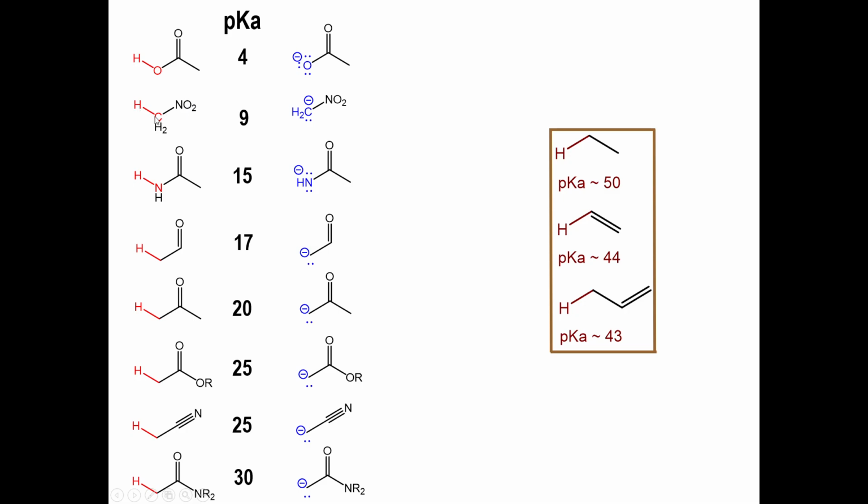For nitromethane, you will be deprotonating that CH, making the carbanion. For the amides that do have NH bonds, you will be deprotonating that NH bond. That's the most acidic thing in that molecule, creating the deprotonated amide. And for the other carbonyls, where you are deprotonating the alpha carbon, you simply end up making a carbanion in each of those positions.